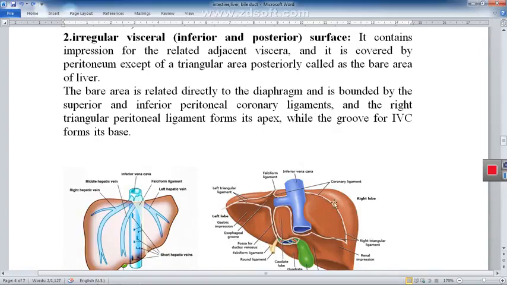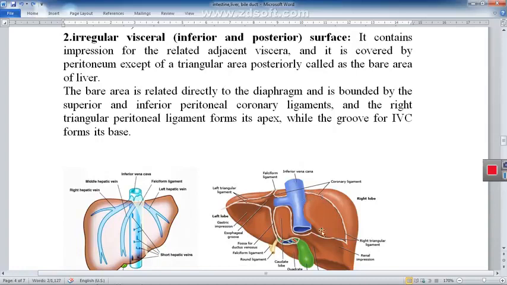Actually, it is also covered by peritoneum, except for a small triangular area posteriorly called the bare area of the liver, where the right lobe of the liver is directly attached to the diaphragm. This triangular bare area is limited above by the superior coronary ligament and below by the inferior coronary ligament. The apex is the right triangular ligament, and the base is the inferior vena cava.